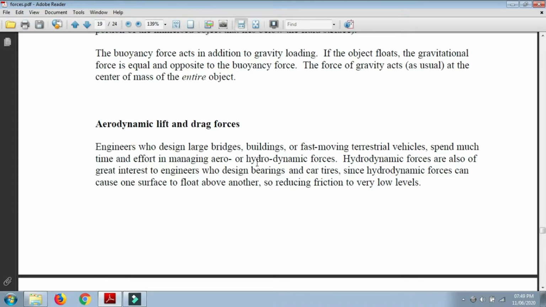Bearings are very important in any rotating equipment, in your cars, in your wheels. If you hear weird noises, sometimes your bearing is not properly aligned, or it has failed. In car tires, hydrodynamic forces can also cause one surface to float above another, reducing friction to very low levels.